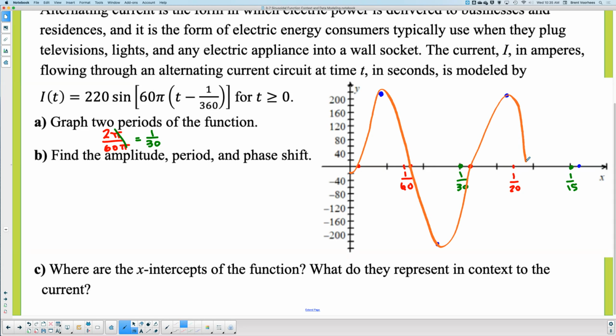Messed up at the end. Forgot where I was going. I definitely messed that up somewhere in there, but one period.